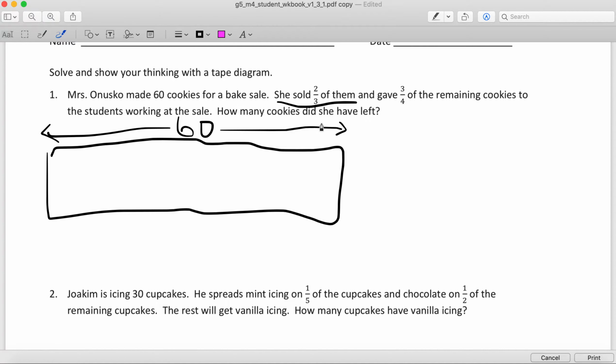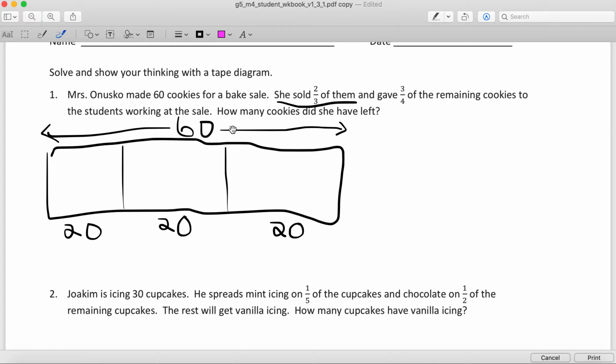And so we're going to divide that into thirds. So if I have 60 cookies and I'm dividing them into 3 equal parts, that means that each part represents 20 cookies. And for right now, there's a reason why Dr. Milam is putting this at the very bottom. Okay, so that's 20 cookies.